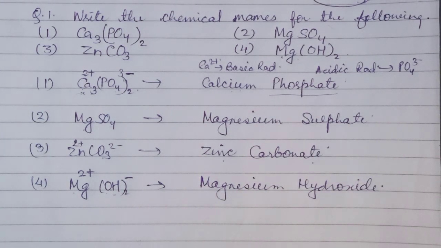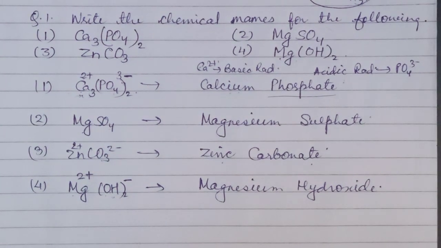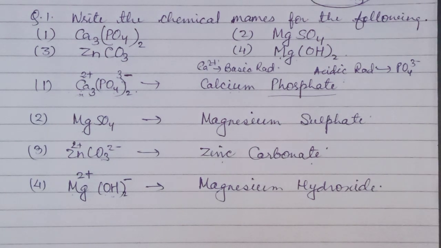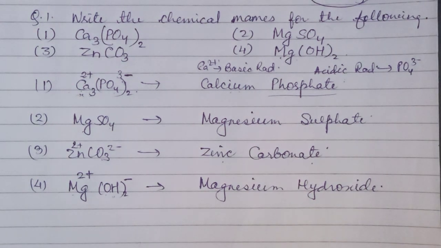You do practice at home, and wherever you have doubt you can ask, but do practice. This will clear your doubt and you will be able to write the chemical name as well as the chemical formula for the given compound. Practice will help you a lot. So do practice for radical name, radical symbol, and the chemical name and chemical formula. All the best.